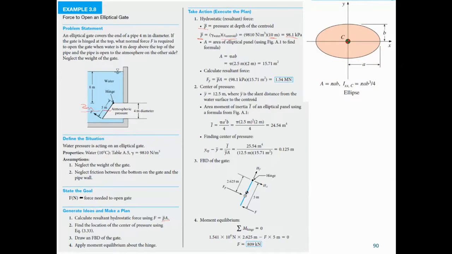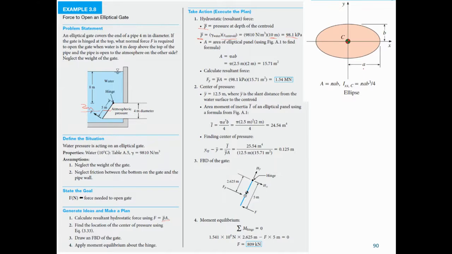And the area of the elliptical panel is pi a b. a is the major radius and b is the minor radius, based on the information we have. This is vertical, this is 5 meters, and the height is 2 meters.